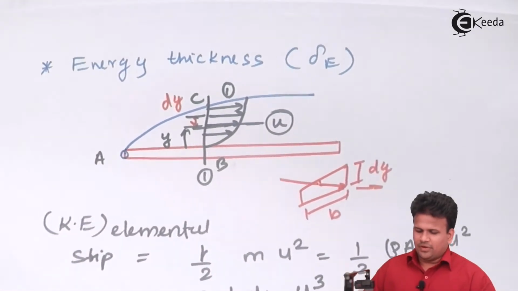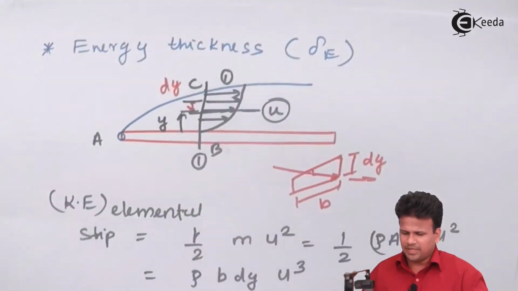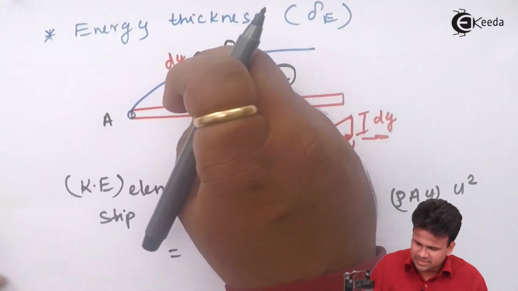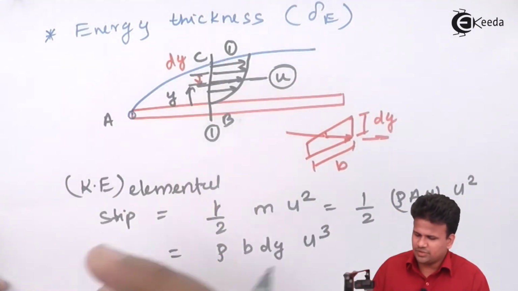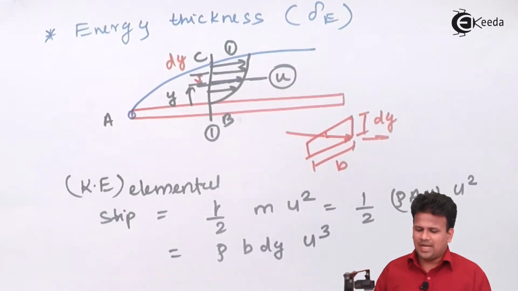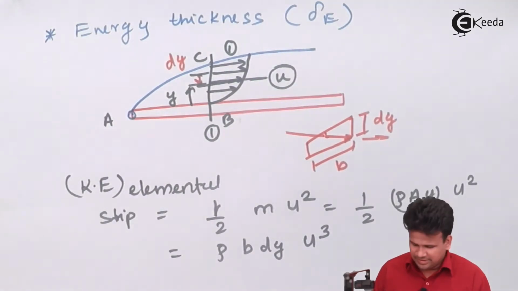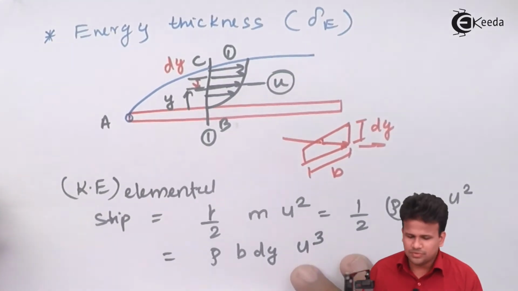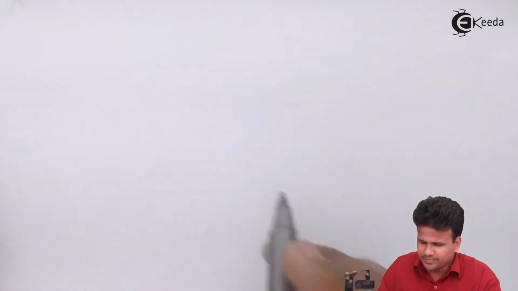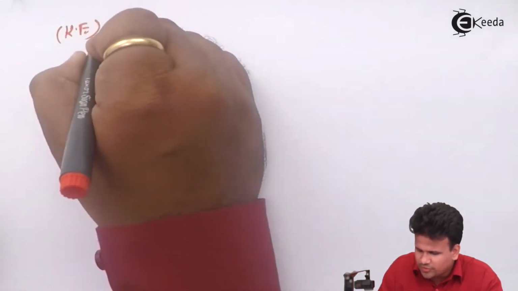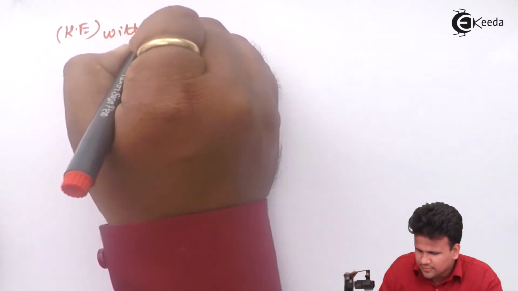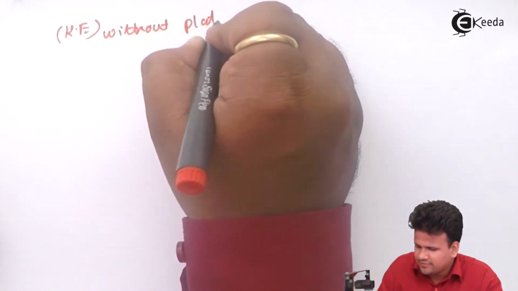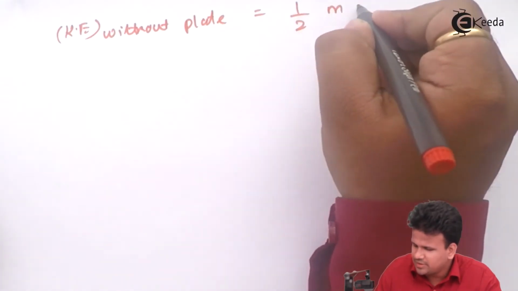Now for the same thing, if there wasn't a plate over here, then at a distance y from this imaginary plate, if it is not there, the mass flow rate will have been the same and the energy would have been different. So now for that part, the kinetic energy through this elemental area without the plate will be given as half m into v square.